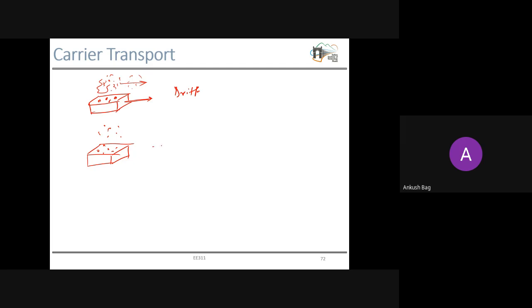Now let us keep another fresh sweet tray next to it. What will happen? Some of the flies will move over the next fresh sweets. They will have random motion, but still some of them will move from the first tray to the second tray. This is nothing but diffusion.